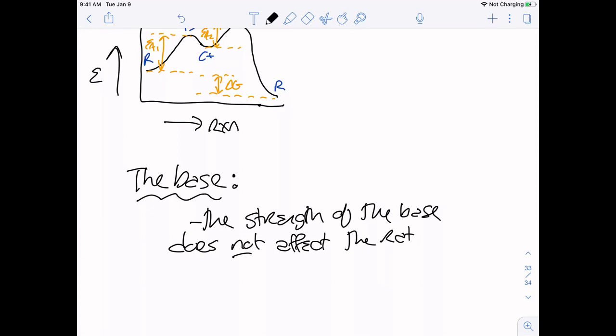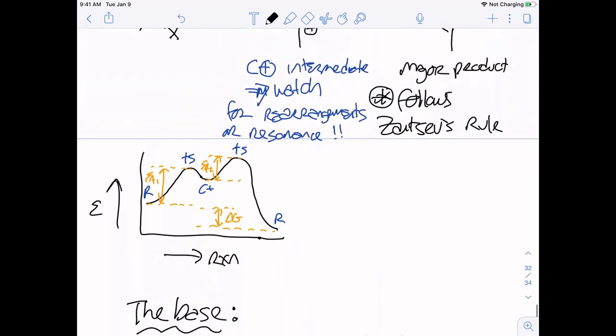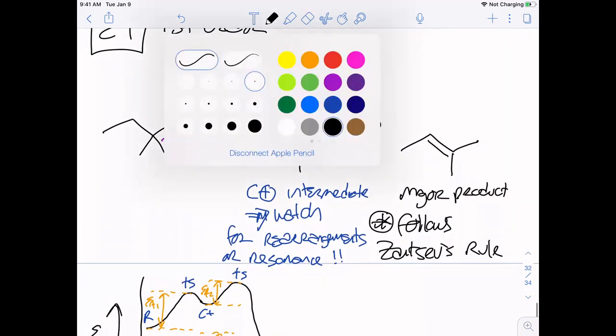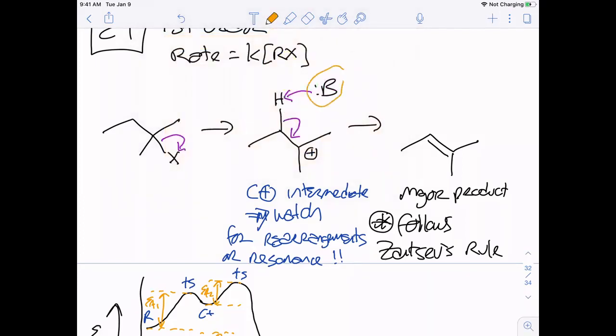If we go up and look at that mechanism again, my base doesn't show up until that second step. The first step is my rate determining step. My second step isn't. So since the base is not part of my rate determining step, the strength of that base is not going to affect my rate.